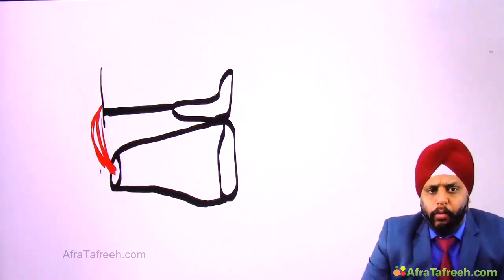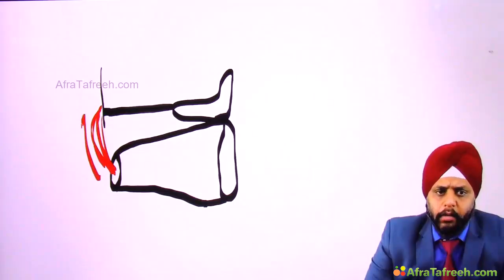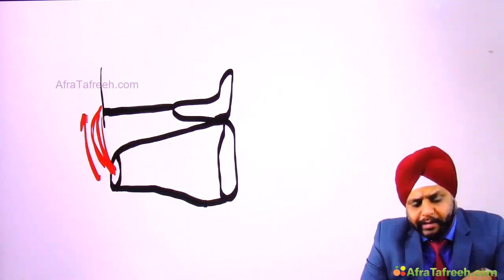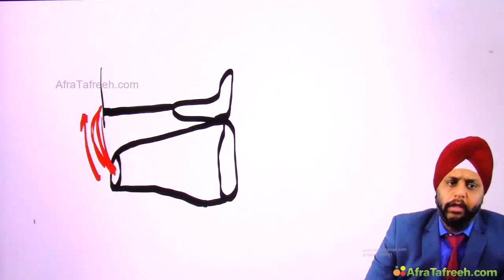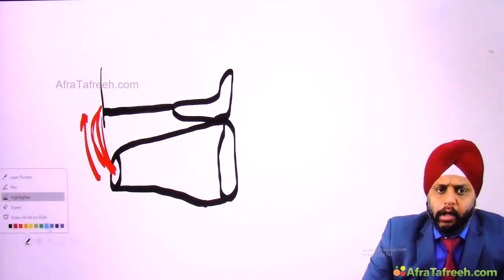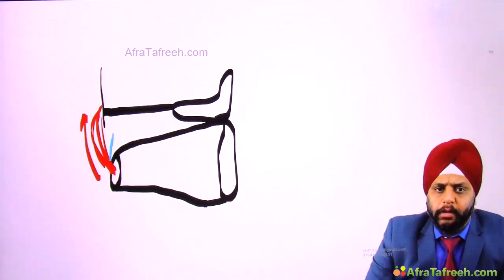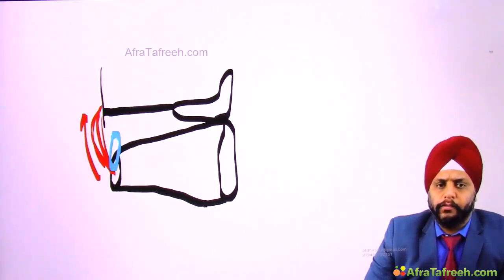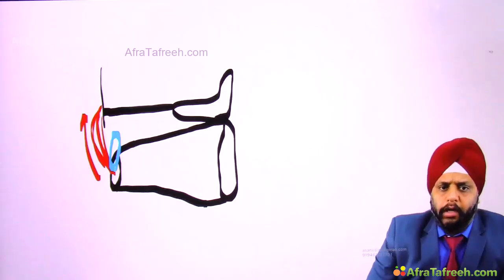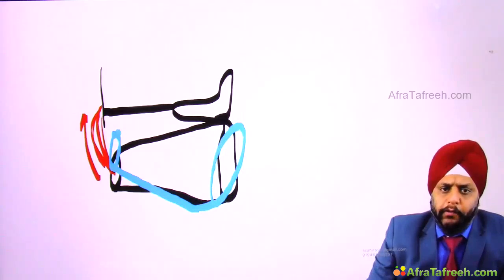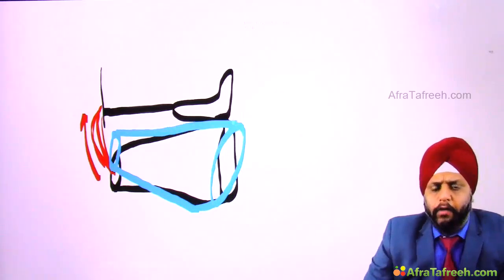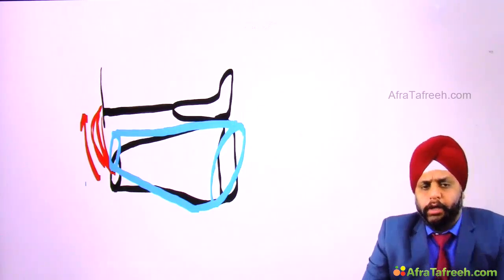Now, what happens when this cricothyroid muscle contracts? It pulls the cricoid cartilage up anteriorly. Because of this pull, the cricoid cartilage rotates. It comes to lie like this. When it rotates like this, because we have just pulled the anterior end of the cricoid cartilage, it has rotated up.